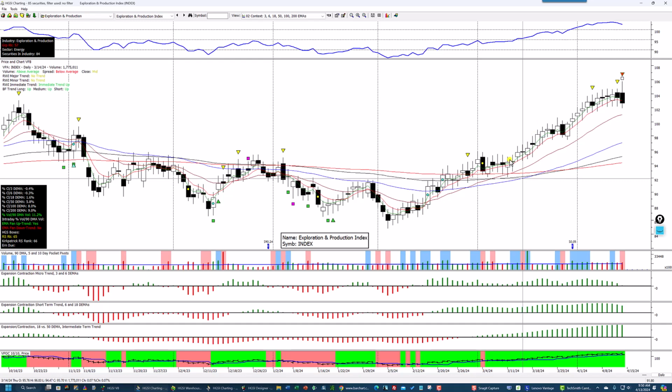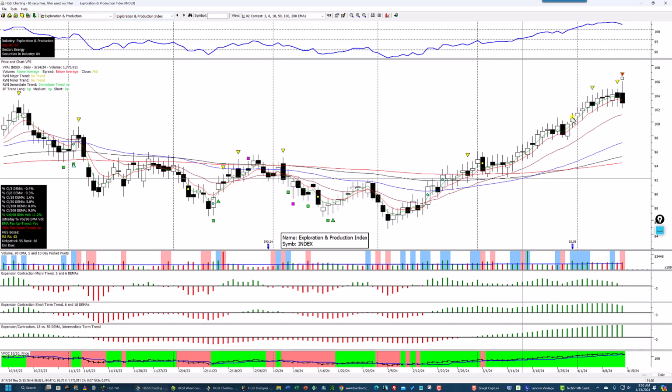So we're starting to see these leadership stocks. Remember, these have to be within 5% of their 52-week high, starting to flow into the market on this day right here. And from there, you can see the exploration and production made a pretty nice run.